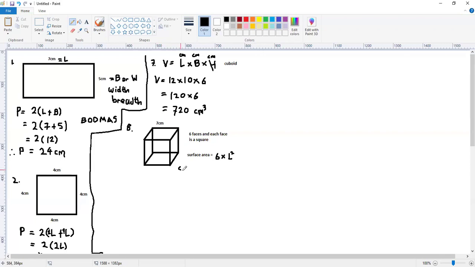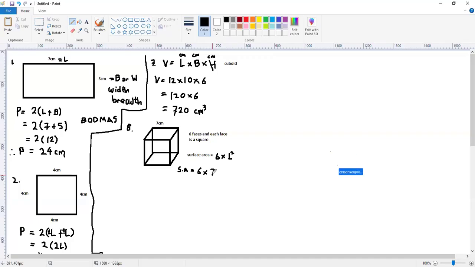So that means the surface area will be given by 6 times, now remember that the length of each of the edges is also the size of each of the squares, which in this particular example is 7.